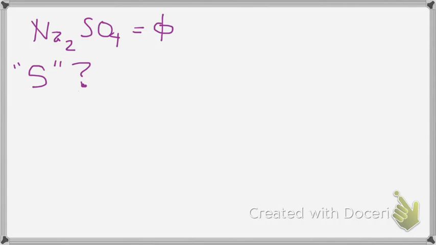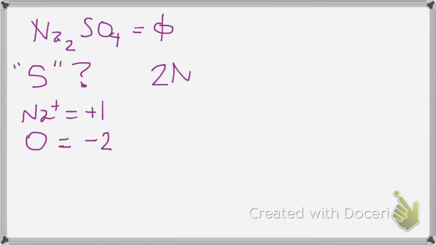Sodium is a cation, and remember, each charge on the sodium is a +1. So therefore, each sodium is going to have an oxidation number of a +1. The oxygen is a -2 oxidation number. So let's just do this algebraically. We have 2 sodiums plus a sulfur plus 4 oxygens.